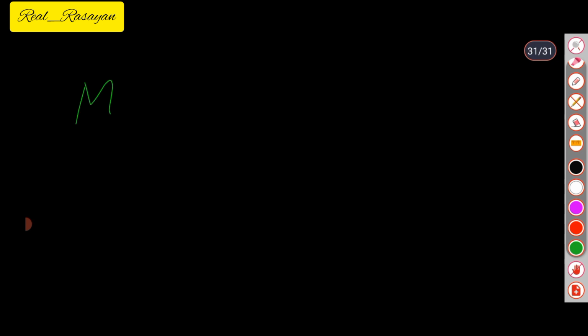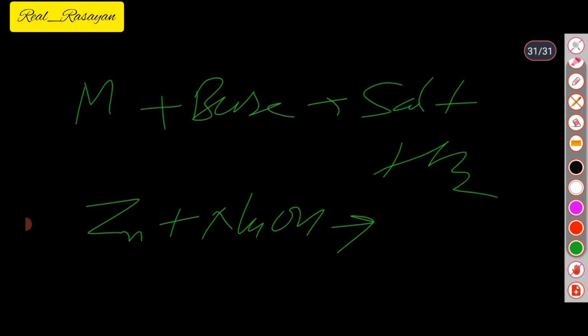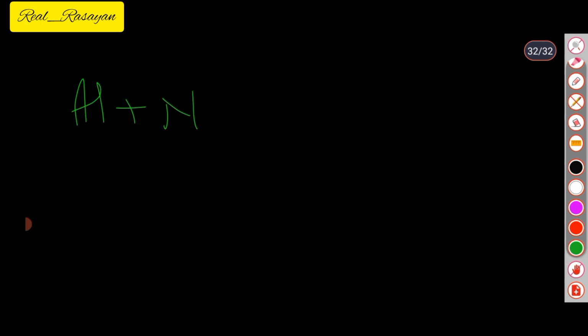If metal reacts with base, it will give salt plus H2. Suppose zinc plus NaOH gives Na2ZnO2 along with H2 gas. This Na2ZnO2 is sodium zincate. In the same way, aluminium with base will form sodium aluminate NaAlO2 along with H2.